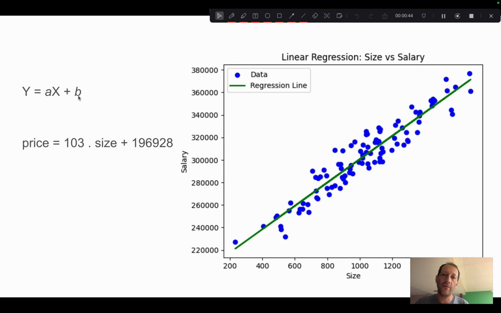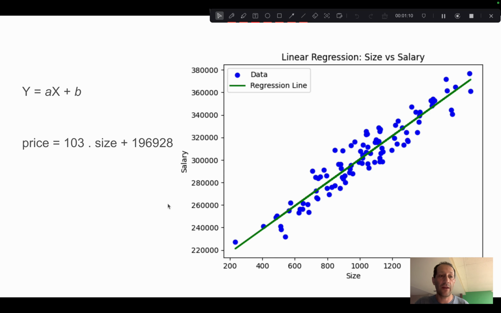So the whole process of training the model is essentially finding the optimal values or the best values for A and B. In other words, for model parameters to best fit the training data set. In other words, find A and B such that this green line has the best approximations of the blue dots.